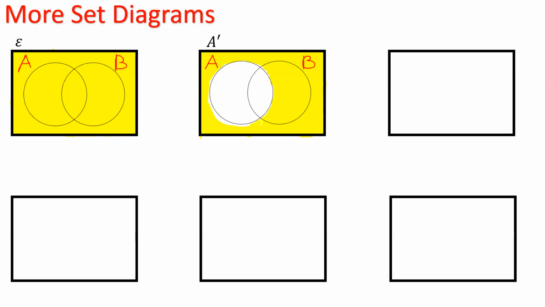A complement is going to be everything in the universal set except for the elements that are in A. All right. Does that make sense? Everyone got it? Yes, sir. That makes a lot of sense.